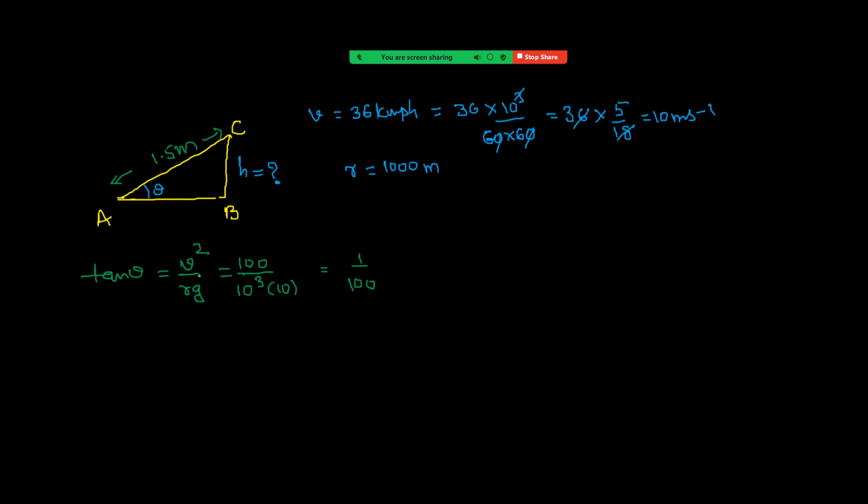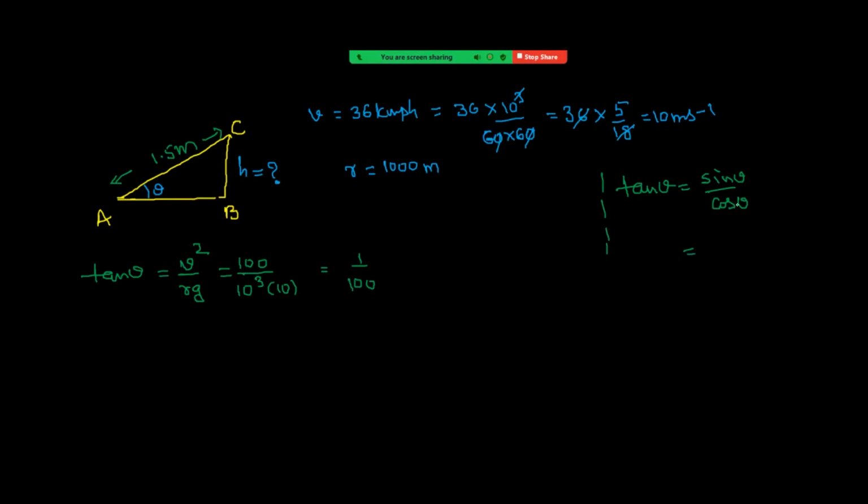Whenever theta is very small, tan theta is approximately equal to sin theta. Let us see why. Tan theta equal to sin theta by cos theta.